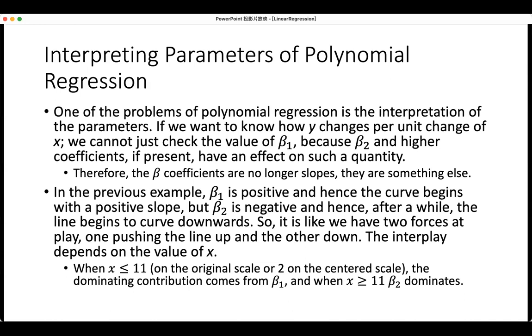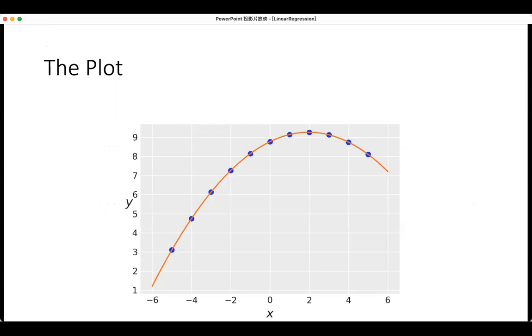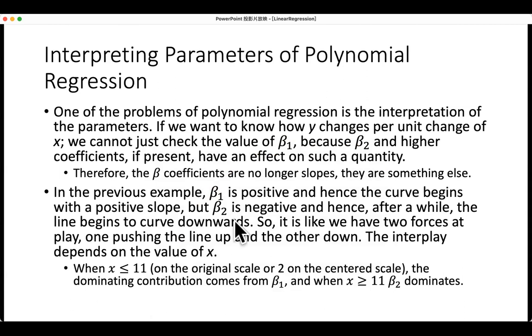So beta 1 is positive. That is why at the beginning we have this value going up, but we have the negative beta 2, which eventually plays a bigger role when x becomes bigger. When x is smaller or equal to 11, the dominating contribution comes from beta 1.